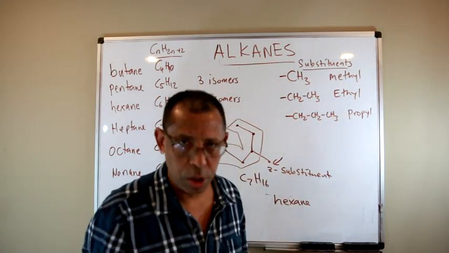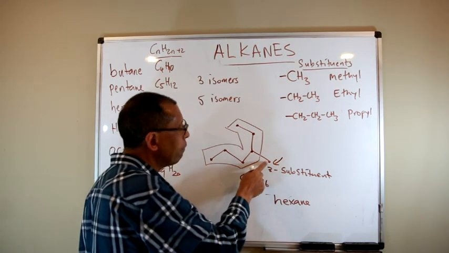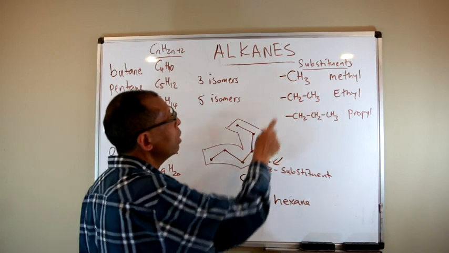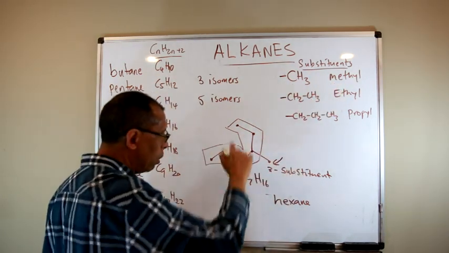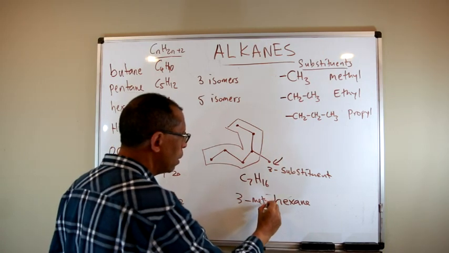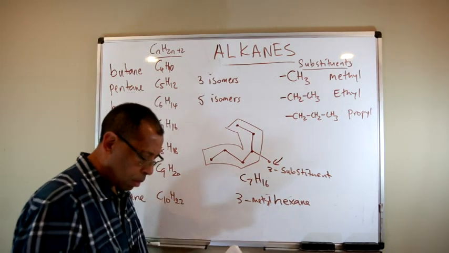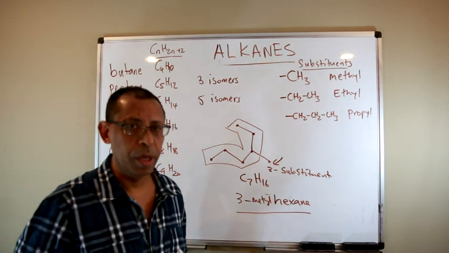So at the 3 position I have a substituent with 1 carbon, called methyl. So this compound is 3-methylhexane. That's how the naming works.